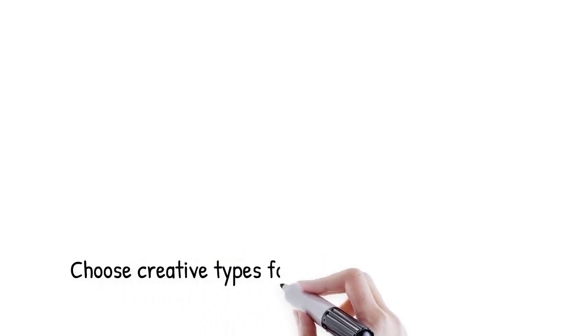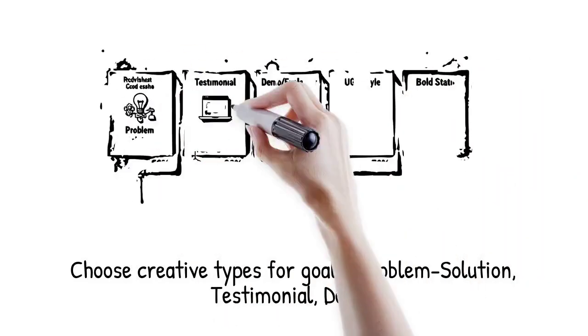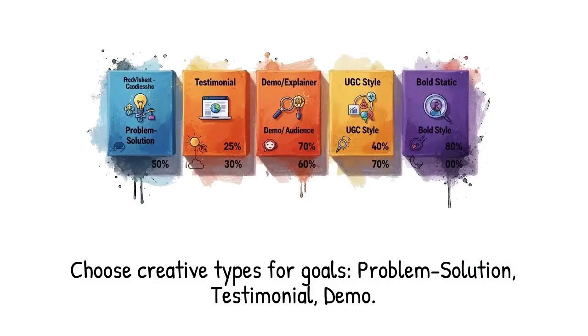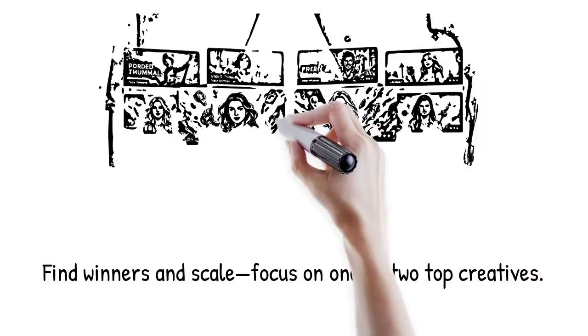Creative type, purpose, best for: problem solution, educate and attract, 1 to 3% LAL; testimonial, build trust, 2 to 5% LAL; demo explainer, show value, 1 to 3% LAL; UGC style, relatable, 3 to 5% LAL; bold static, quick attention, all LALs. Your goal is to find 1 or 2 winners, then scale them aggressively.